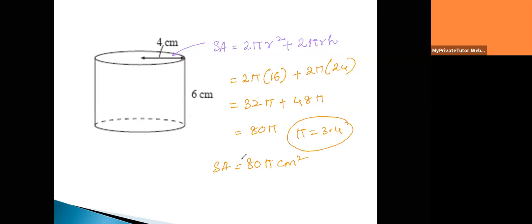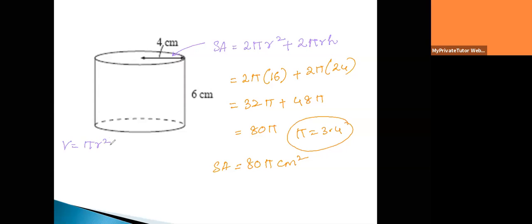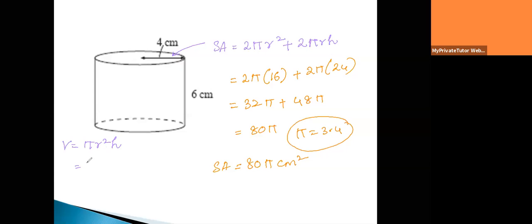What about the volume? I hope you guys know the formula to find the volume. What is that? Pi r square is the base area, times height. It's pi r square h. And I'm just keeping the pi as it is, but you need to simplify, guys.